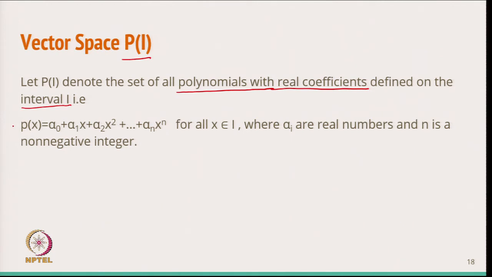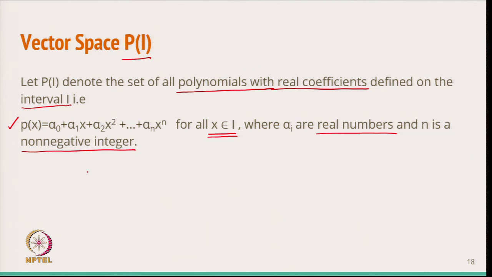For example, I take a polynomial like this one, p x equals alpha naught plus alpha 1 x plus alpha 2 x square and so on up to alpha n x n. In this case this is my polynomial and I am taking my x coming from the interval I, where the coefficients alpha i are real numbers and n is a non-negative integer. So, in this case I can say that this polynomial belongs to the set Pi.